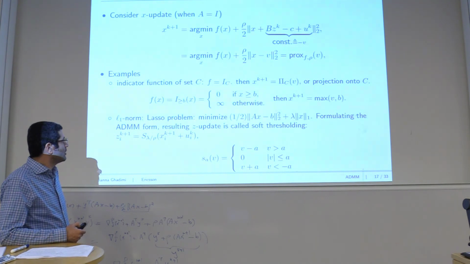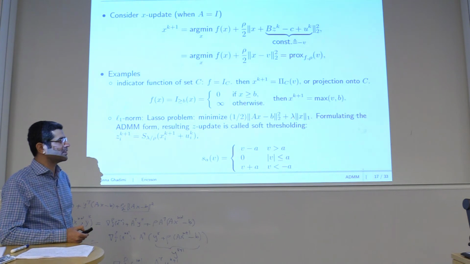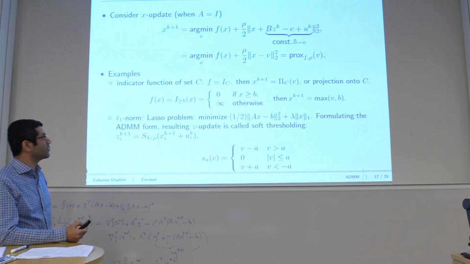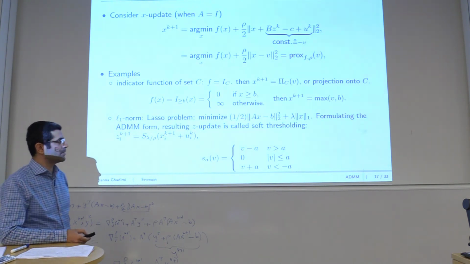And then another example here is the L1 norm case, when you have a minimization problem of this form, that you have Ax minus b, like the regression term, and then you have a penalty term of L1 norm. And applying the prox operator to this function now, like if we call it z here, and apply it over that, you get something called the soft thresholding.